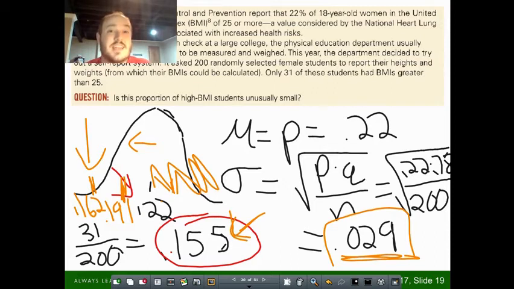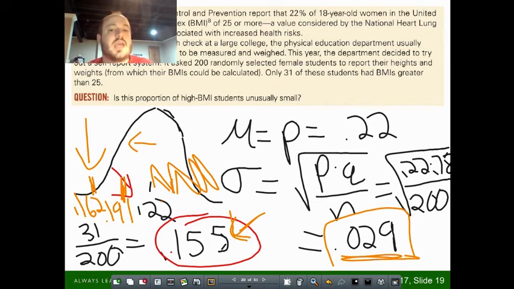And they were skinny enough that they fell within a 2.5% chance of happening. Or the alternative is that this sample was a bad sample, and that it turns out that having female students self report their weight and height and how they're measured, that's a bad idea. So we're going to err on the side of this being a bad idea.